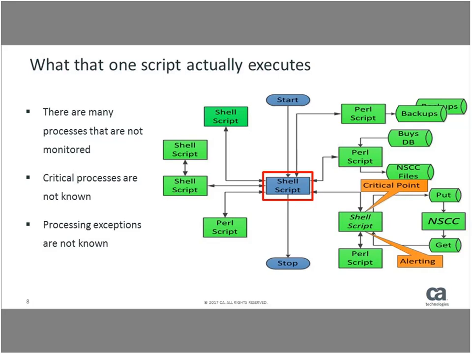Or you're monitoring the critical process only up to the beginning of the wrapper script, but in reality, that one shell script, which is that critical business process, may not run until 10, 15 minutes or a half hour after that wrapper script has been launched. And in reality, you really want to know when that one business process starts and when it ends.